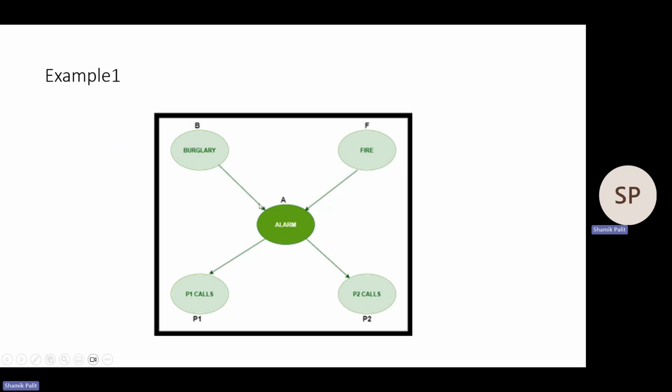And whenever we are concerned about the triggering of the alarm, based on this alarm, two specific calls can be made, which are represented by P1 and P2 respectively. So this is one of the scenarios where effectively we can make use of a Bayesian belief network. As we have seen, we have already created one directed acyclic graph, nodes followed by the edges. And now we will explore how the concept of probability can be used in this particular example.